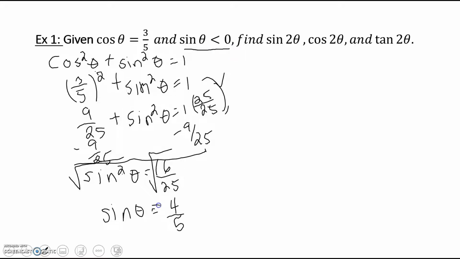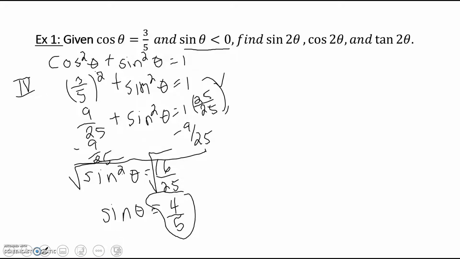So this would be a negative 4/5. All right, so sine of theta is negative 4/5. And so you can figure out which quadrant you're in. Your cosine is positive. Your sine is negative. That means we're in quadrant 4. Cosine is positive and sine is negative in quadrant 4. So our angle theta is in quadrant 4.